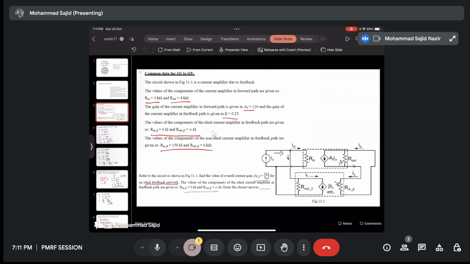That depends on this: if you are taking current, that is a series connection, so that will increase the resistance at the output, and if you are mixing it as a current at the input, that will be a shunt connection, that will decrease the resistance at the input, and vice versa. If you are taking the voltage, that will be the shunt connection at the output, so you are reducing the resistance, and if you are adding the voltage at the input, that will be a series mixing, so that will be increasing the resistance.